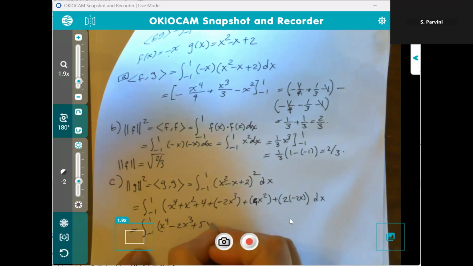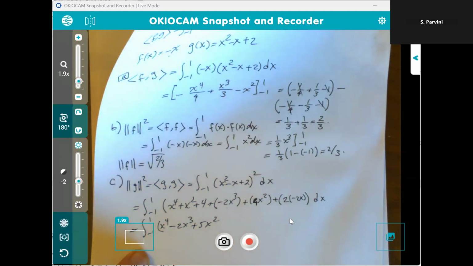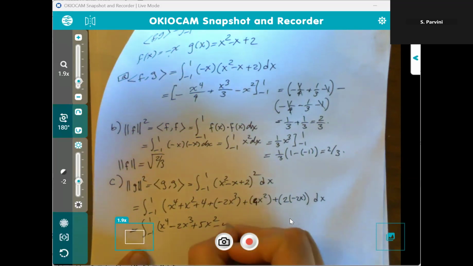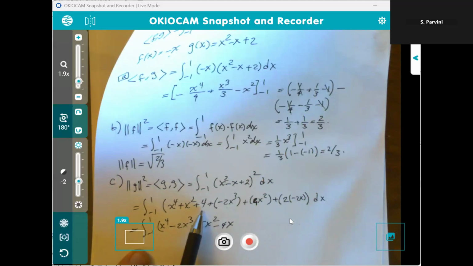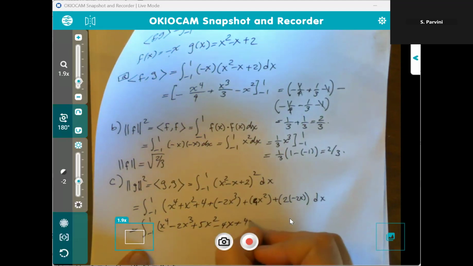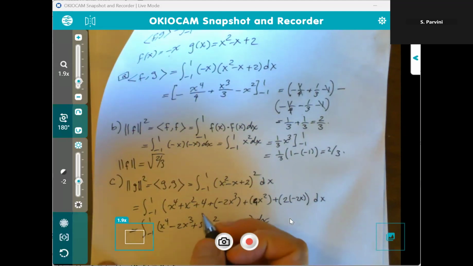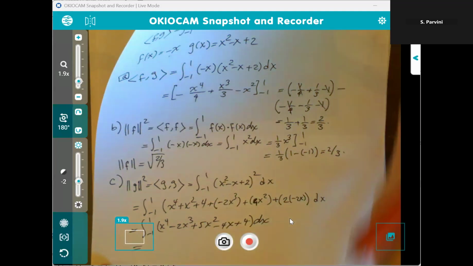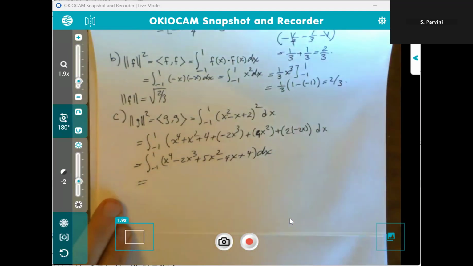Yeah, please verify. I think that looks right. So it's 5x squared. The x term, I have negative 4x. That's negative 4x. And the constant, the only constant is 4. That's plus 4 dx. And of course, the integral, again, is going to be trivial for all of you.